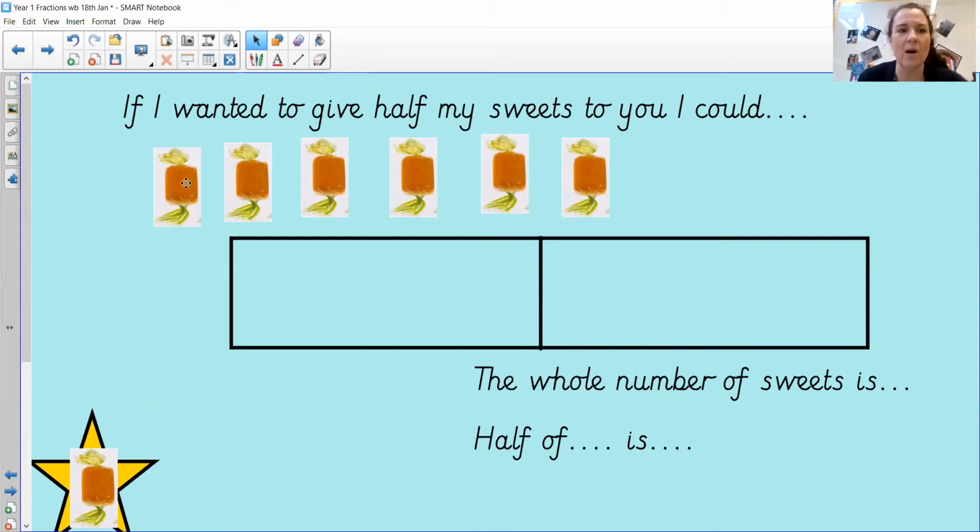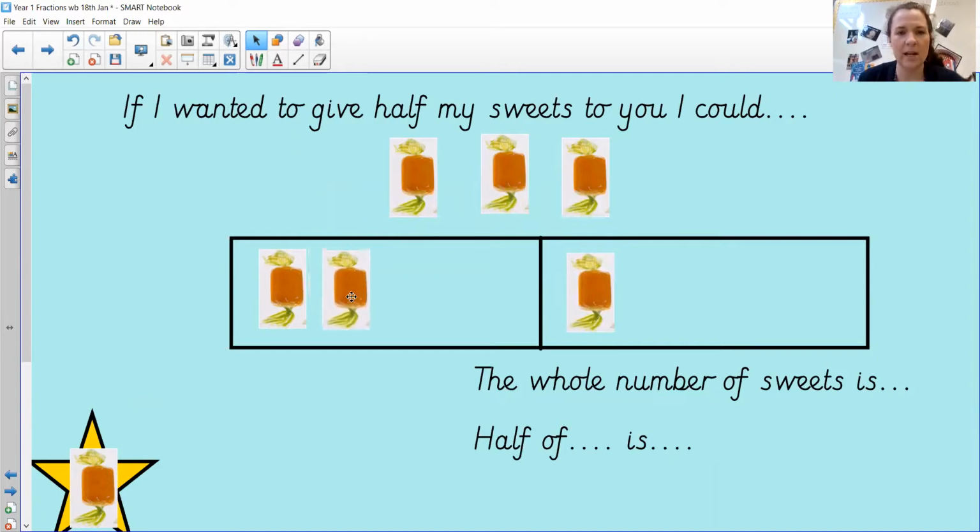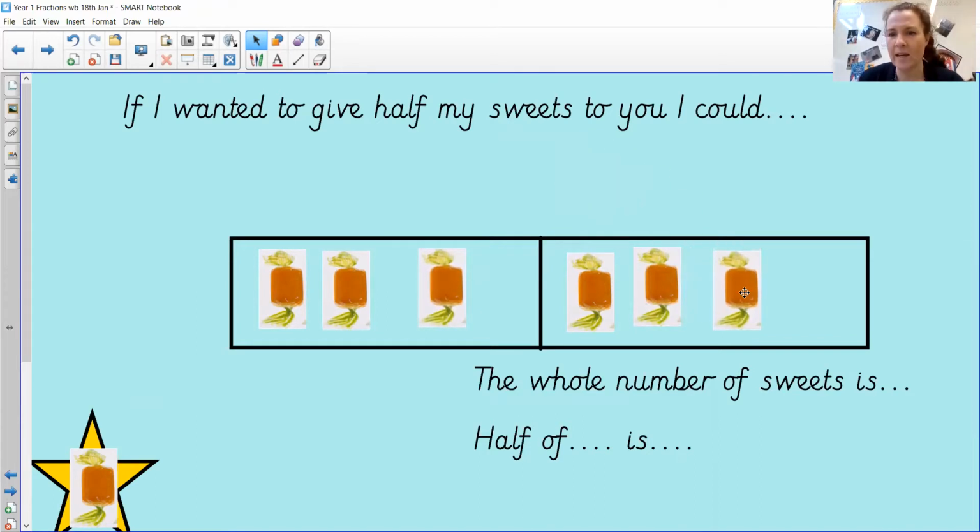Okay, so now I'm going to make sure I share my sweeties equally between the 2 parts. I put 1 here and 1 here. 1 here and another 1 here and 1 here and 1 here. Now check yours and check mine. Do they both have the same number of sweets on each part of the rectangle? Yes, they do.